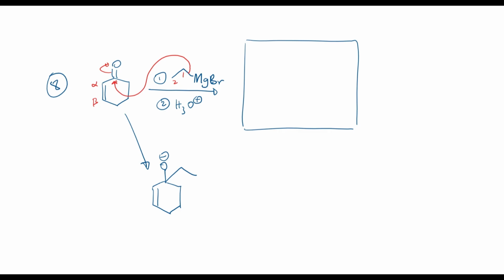Now, the ethyl group from the Grignard reagent will form a bond with the carbonyl carbon through carbon 1. In step 2, the negatively charged oxygen will get protonated and then forms the product.